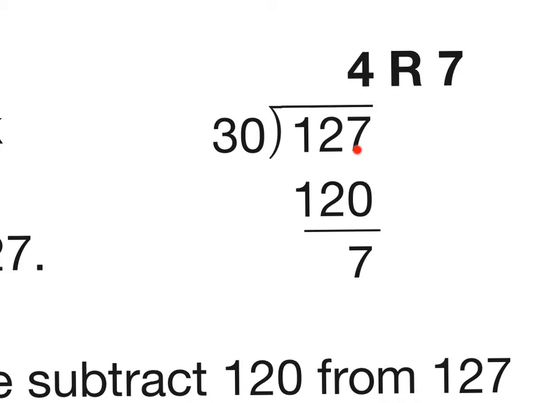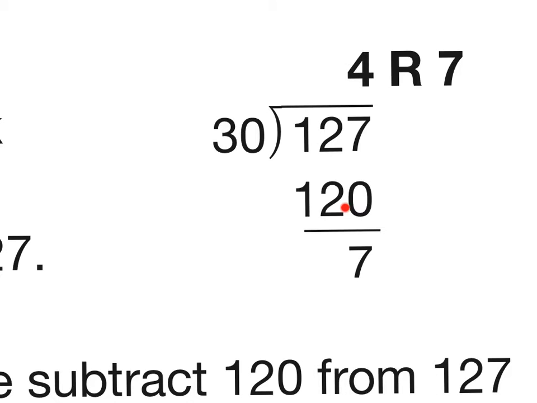But 30 can go into 127. Just for a second, I'm going to mentally block out the 0 there and the 7 there, and think, how many times could 3 go into 12? Once I've got that, which is 4, I would put my 4 above the 7, because remember, I'm going 30 into 127.